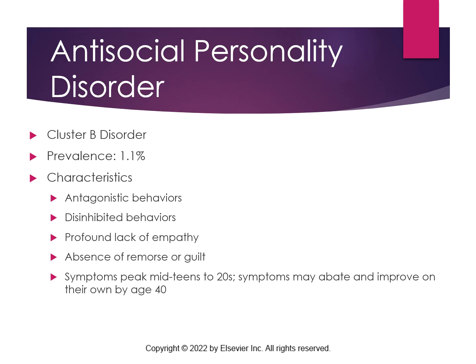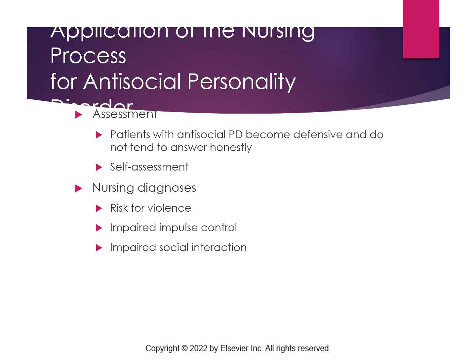So criminal misconduct and substance abuse are common in this population. So it is very important that you understand which one this is and understand the difference between this one and borderline personality.